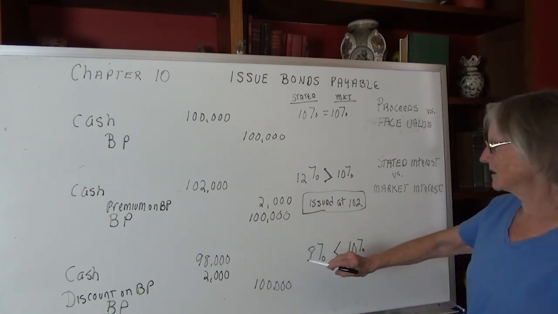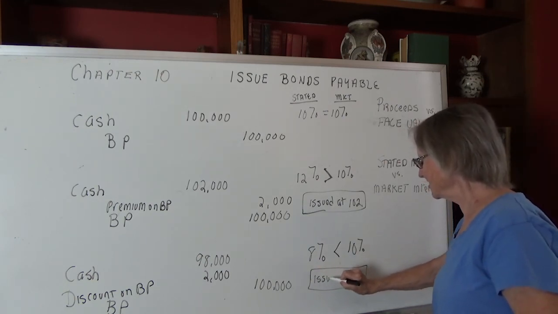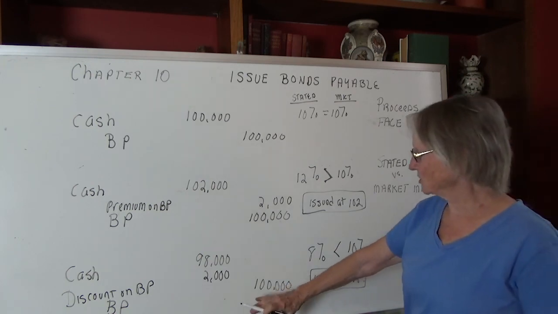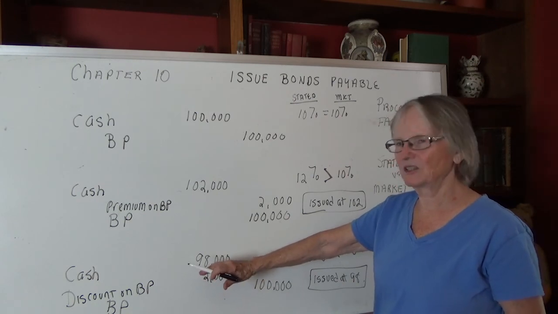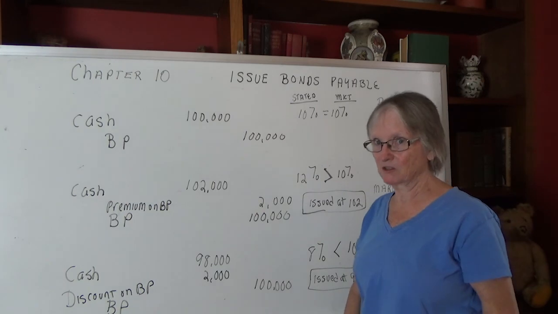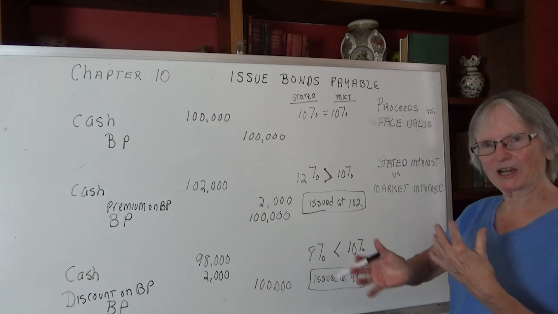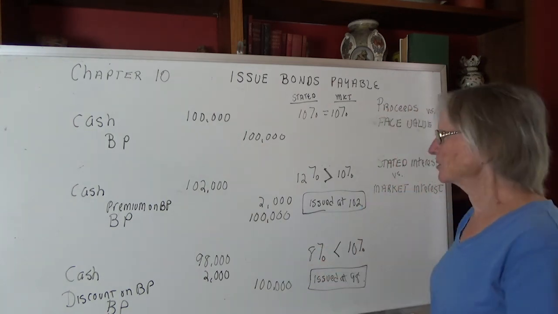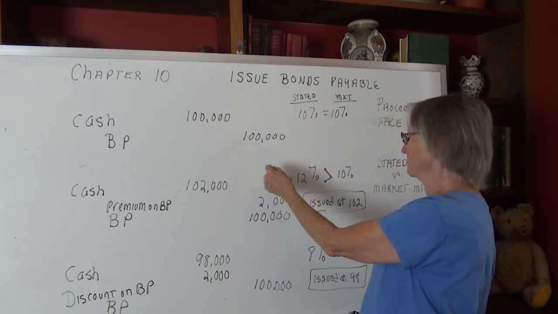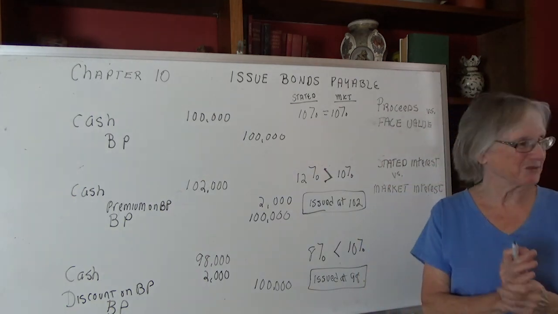This one we would say was issued at 98, which means you would take the 100,000 times 0.98, and that would give you the proceeds. Obviously, I have picked an even number here, so that comes out real nice. If you've got a $450,000 bond, the numbers aren't going to be quite as neat, but it works the same way. Whatever the face value of the bond is, you multiply it by the 1.02 or the 0.98 or whatever percentage it was issued at.